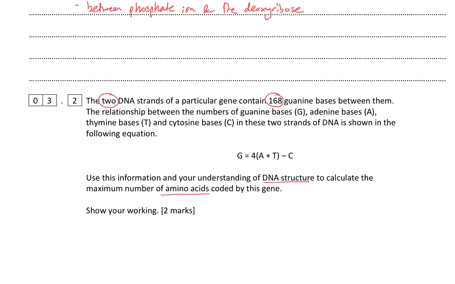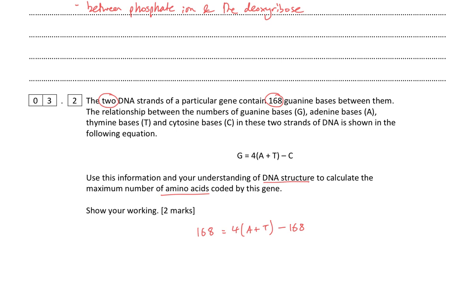So let's substitute the numbers in first of all. I've got 168 guanines equals 4 lots of A plus T minus C. Well, I know what C is. C is 168, because for every guanine, there's a cytosine. I should be able to do this in my head, but it's Saturday morning, so I'm going to risk it.